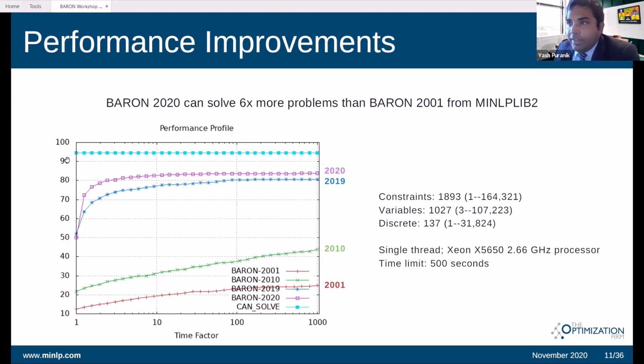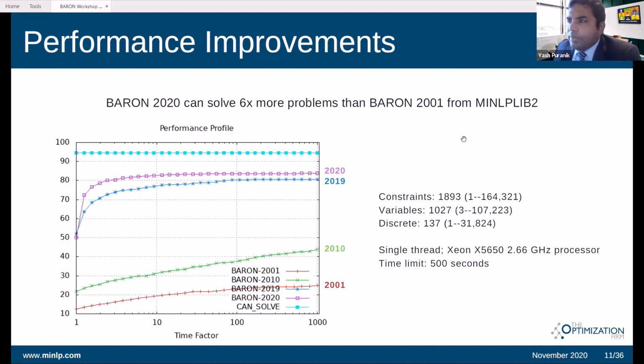If you look at the leftmost axis, the y-axis, we get an idea of how many problems are solved the fastest by any version. And if we look at the axis on the right, at the time factor of 1,000, we get an indication of the number of problems that a particular version can solve if it's given, let's just say, infinite time for the purposes of discussion.